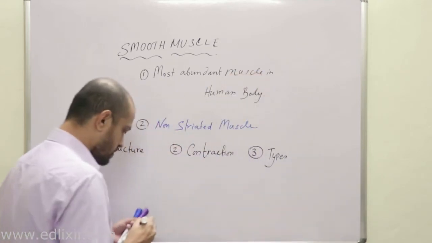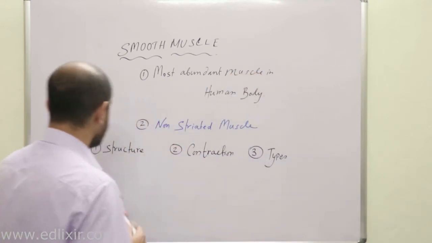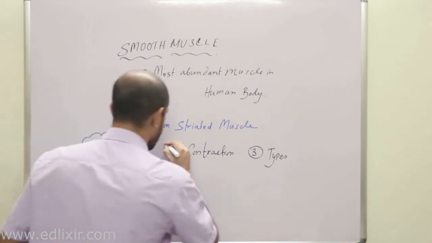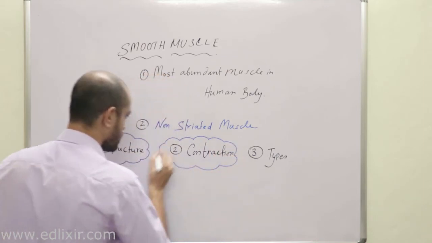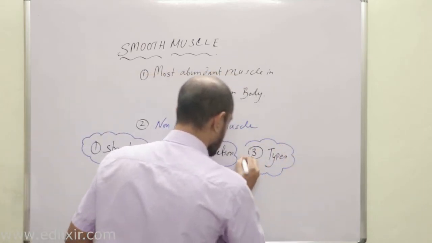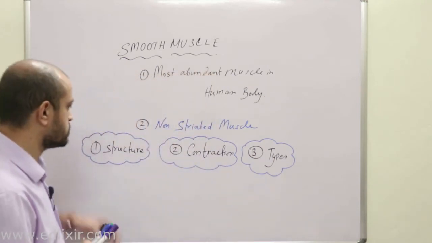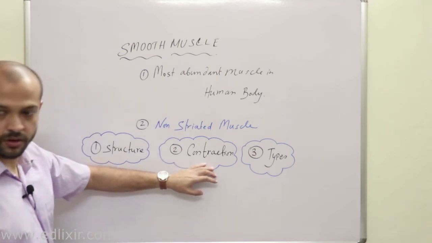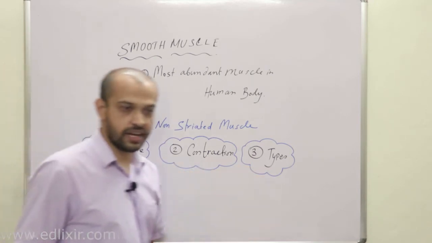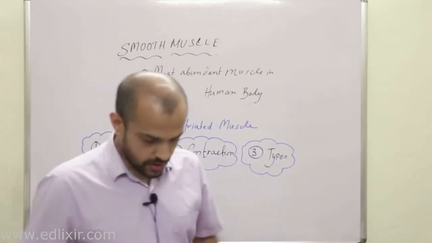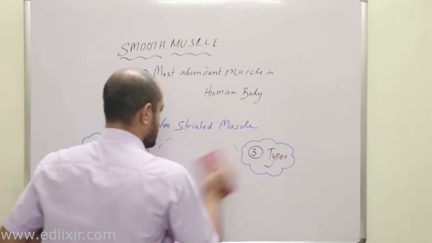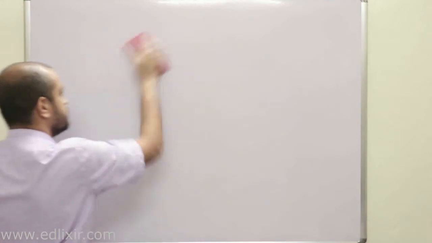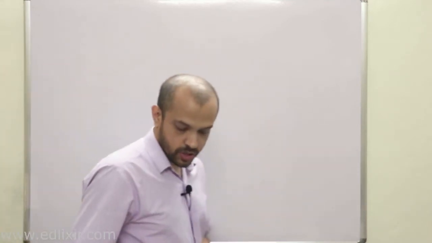Clear? So we will learn smooth muscle on the basis of three main topics: the structure of smooth muscle, the contraction and contractile properties of smooth muscle, then its types. Clear? Now, we will be learning the structure first. We will be starting with the structure of smooth muscle.